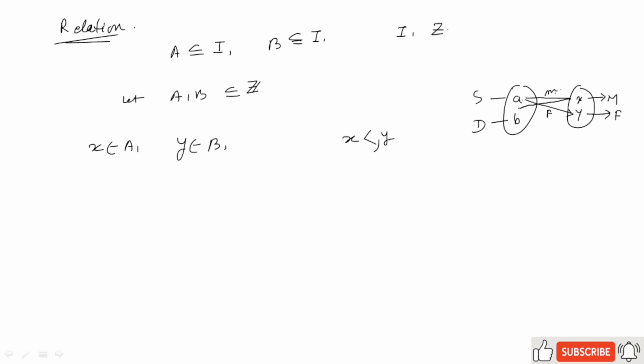Similarly X is related to B as a daughter and Y is related to B as a father. So these are some basic concepts of relations. Here the less than symbol is also a relation. We can say x plus y is also a relation, which we call a binary operation. So this is a simple relation: x is less than y.